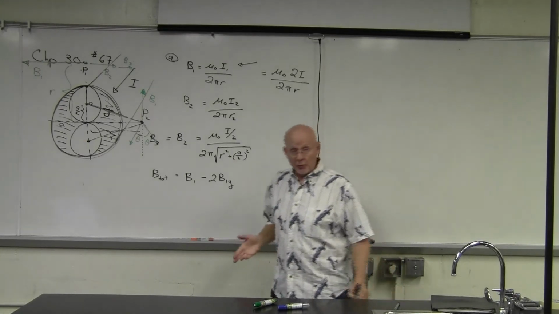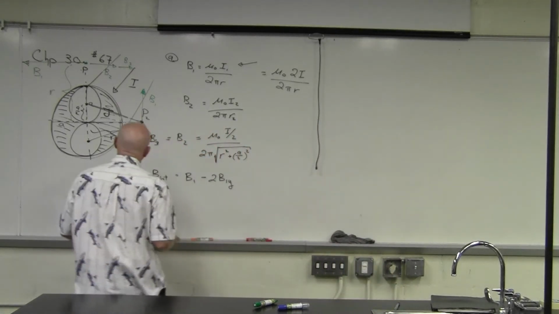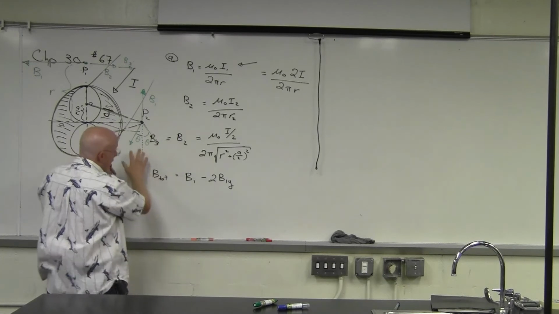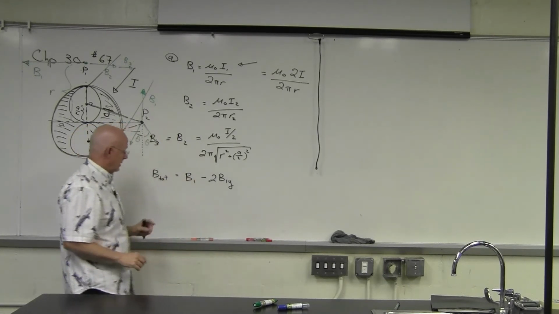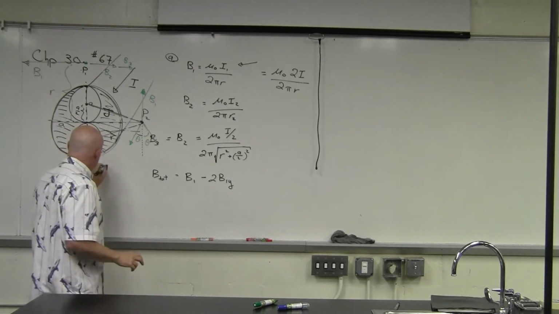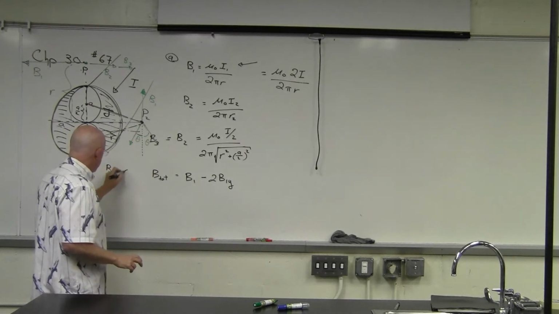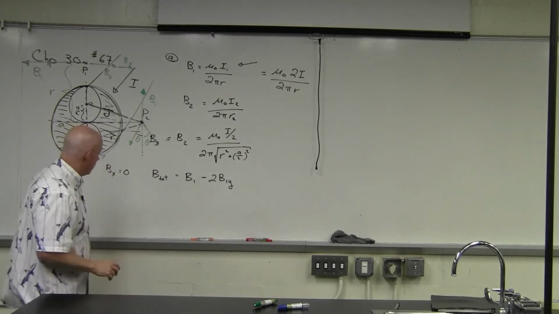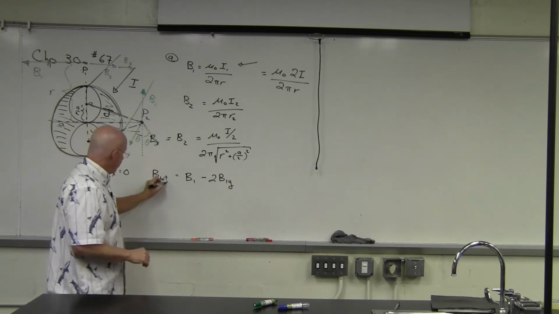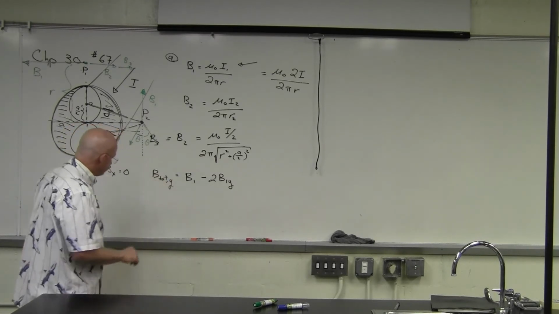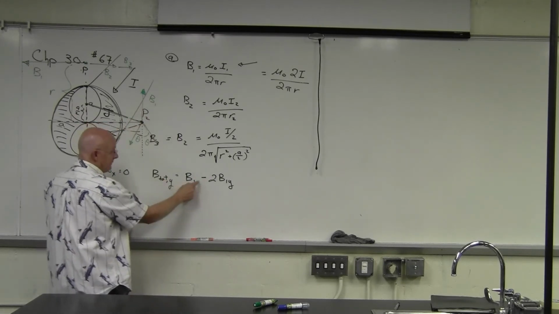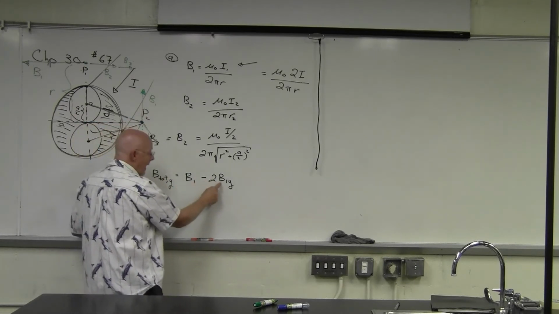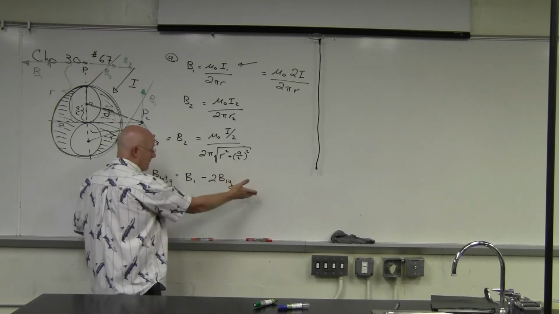That's probably worth repeating our vectors here. These two are angled down, so there's no x components. There's only going to be a y component. So when I write the total magnetic field, the x component is going to be 0. But the total field then is going to be in the y direction. And number 1 is pure up, all up. And then I have to subtract the y component of number 2 and the y component of number 3.